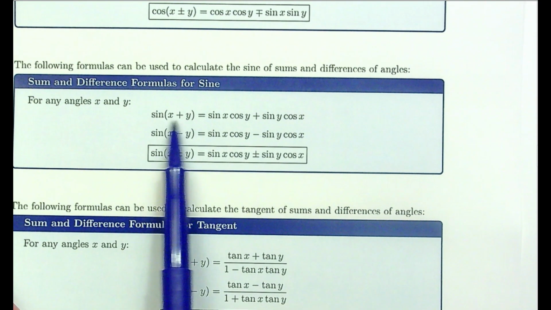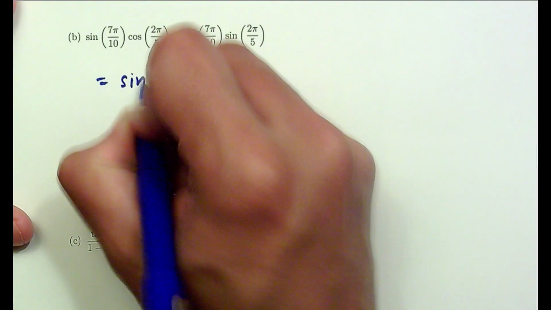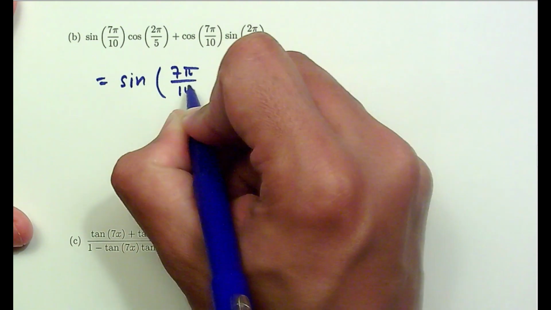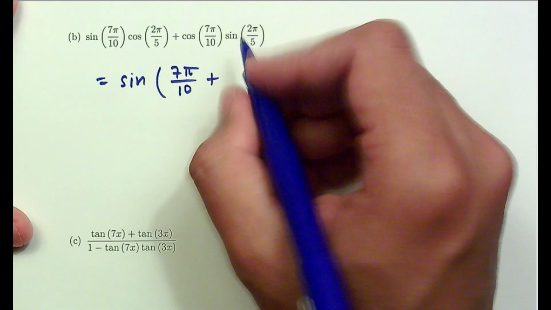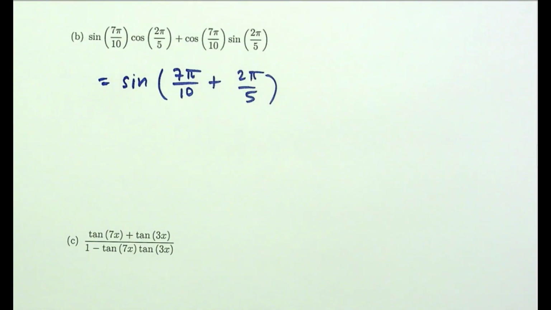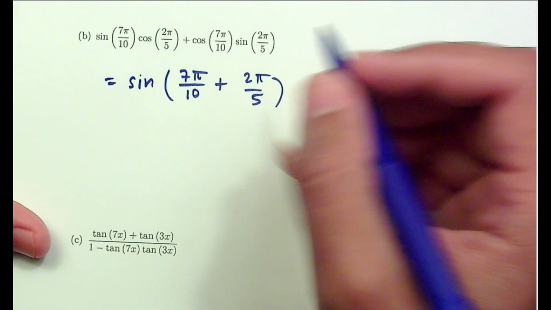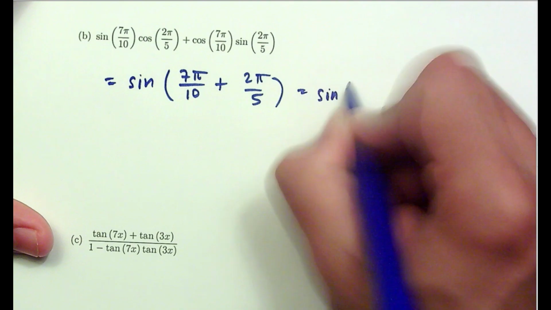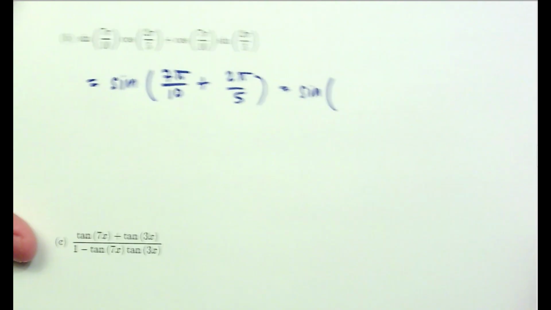So it's a sum inside a sine. In other words, this is the sum of the angles inside the sine. Okay, there you go. Now let's simplify it a little bit more before we declare it over. These are fractions that have different denominators.